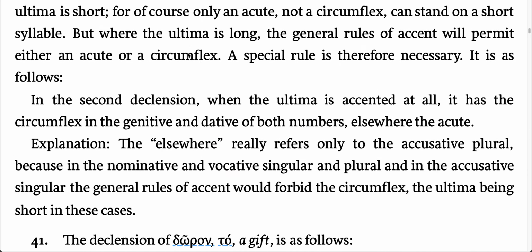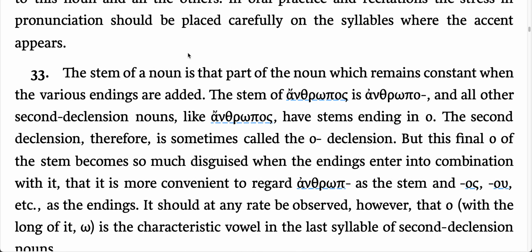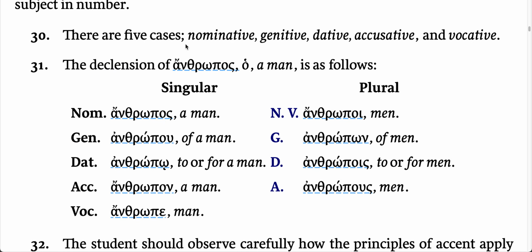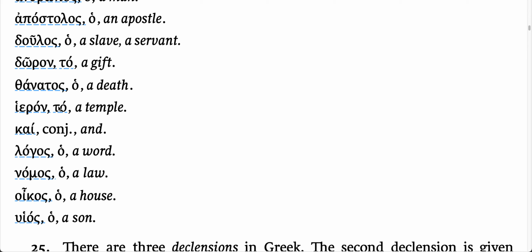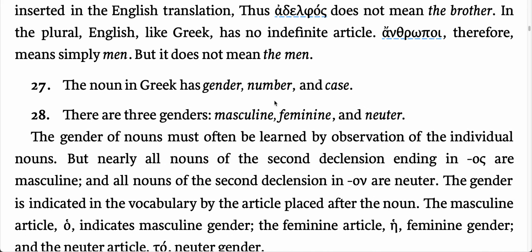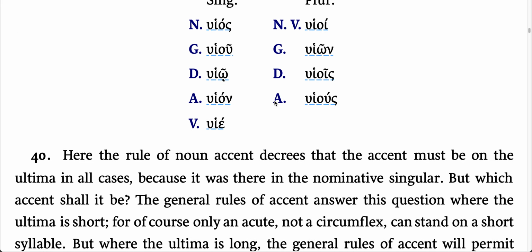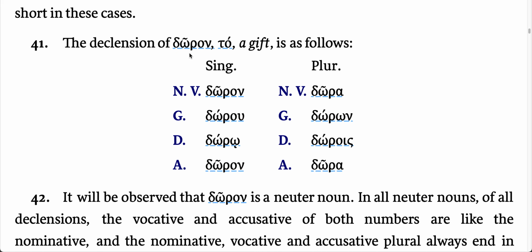Now, we looked at the declension chart for nouns, for masculine nouns, right? Remember in our vocabulary, we had 2 neuter nouns. And so I have to show you the chart for that because it's different. This is still a second declension noun, but it's got a neuter article instead of a masculine article.